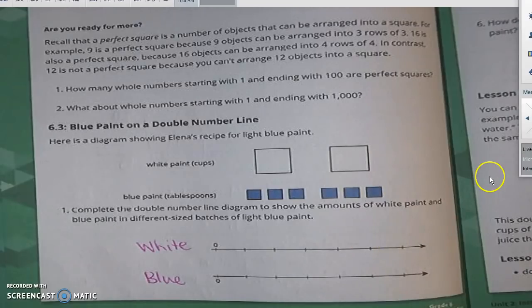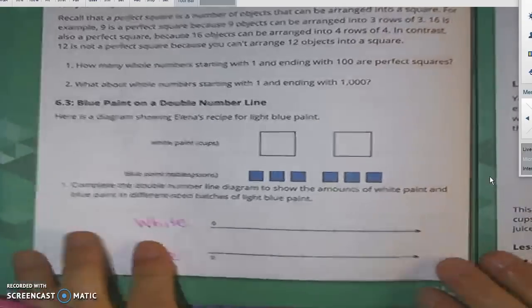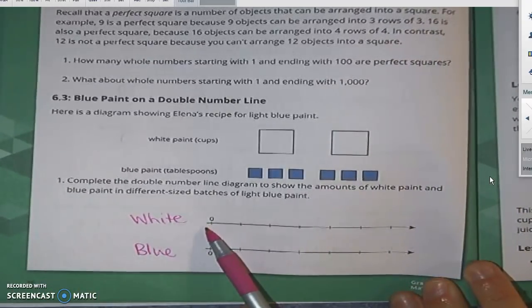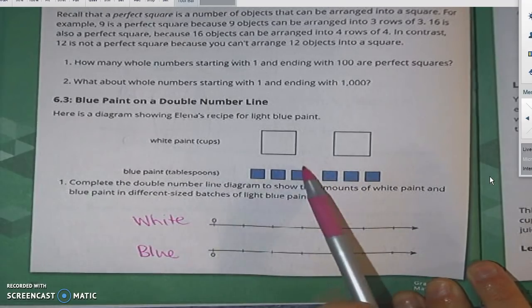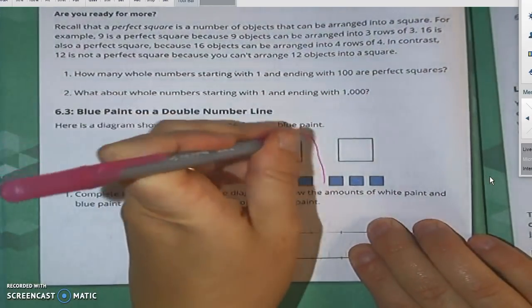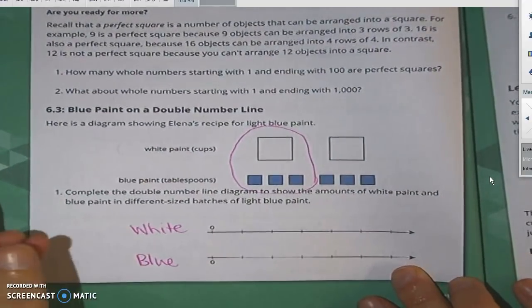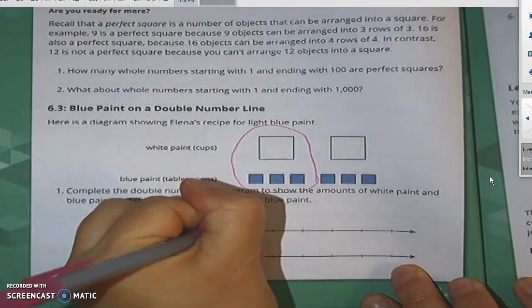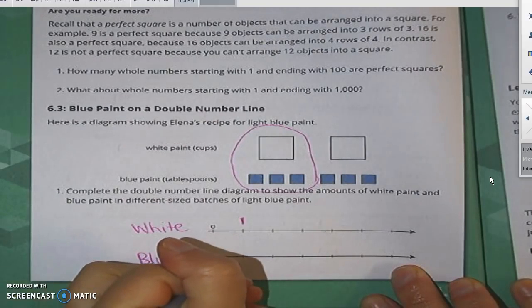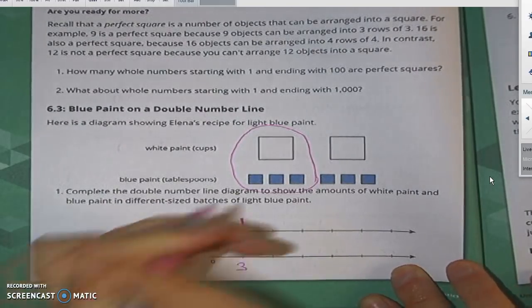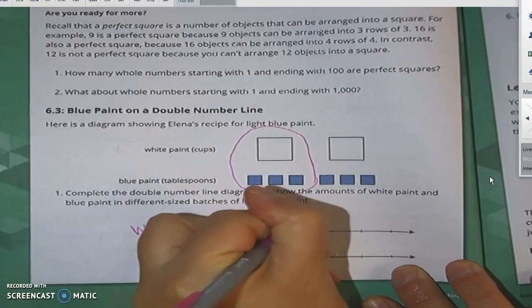Back already? Awesome. Okay. So the white paint, we can really look at this as being a single batch here. So for 1 cup of white paint, we use 3 tablespoons of blue paint. So my white is going up by 1s.